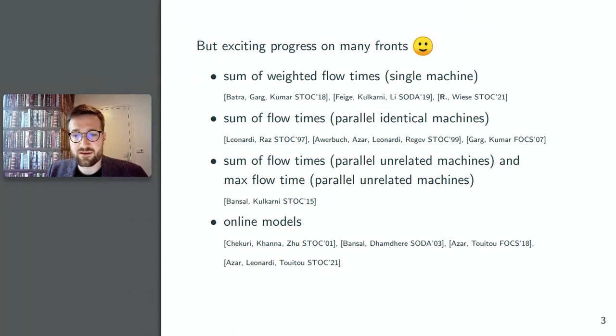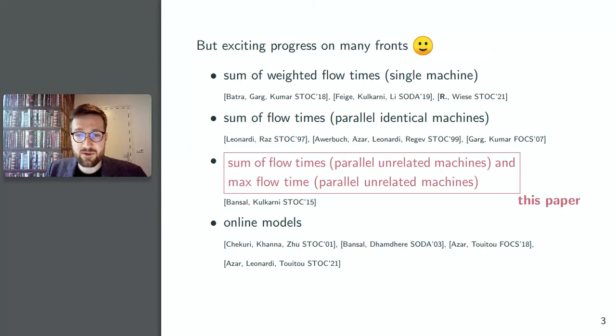And in this parallel unrelated machines model, another objective that is very interesting and non-trivial is minimizing the maximum flow time. And of course, flow time is also very reasonable to look at in online models, and there are many exciting results there as well.